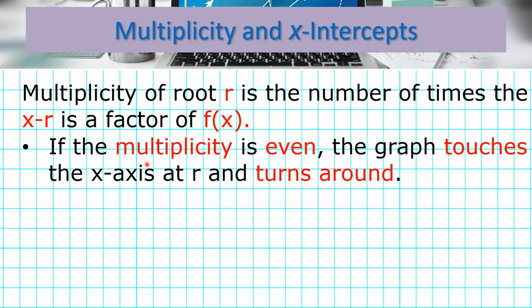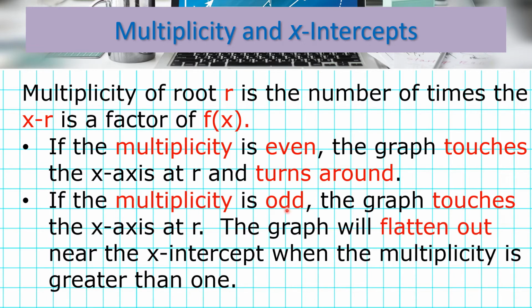Sabi dito, if the multiplicity is even, the graph touches the x-axis at r and turns around. So, kapag dalawang beses, 4 na beses, 6 na beses, or even number, yung kanyang multiplicity, dadaan siya dun sa r, at magto-turn around doon din mismo sa r.